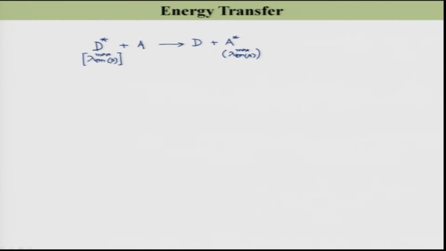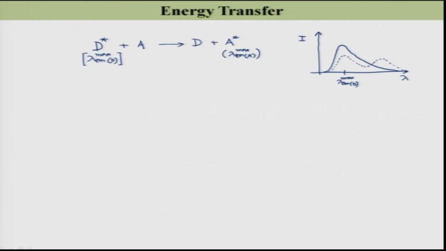You will see the fluorescence if I now plot this: this is my fluorescence intensity I, and this is my wavelength lambda. Initially, when there was no A molecule, this is your fluorescence intensity, and the corresponding maximum is your lambda emission maximum of D. As you add this A molecule, this fluorescence intensity will decrease, but a new fluorescence will appear like this.